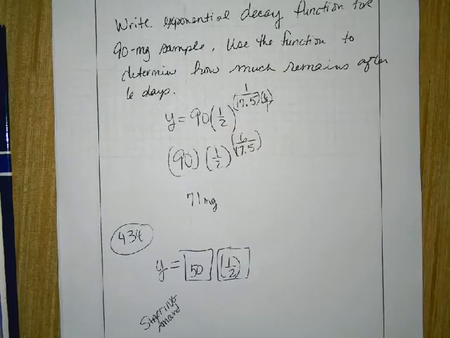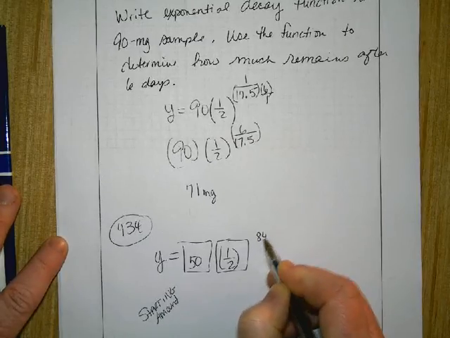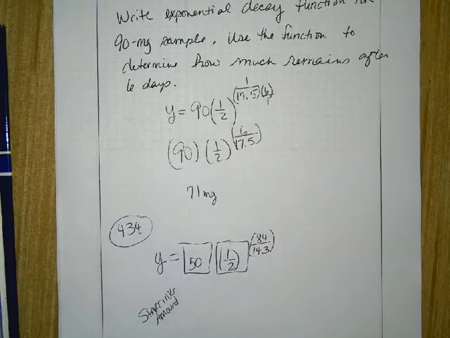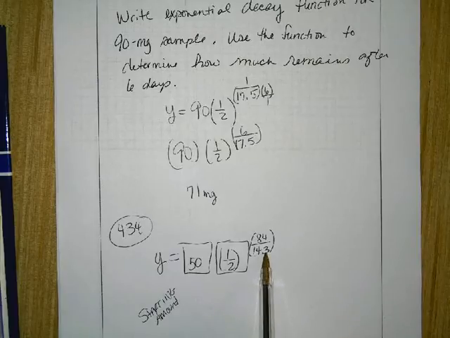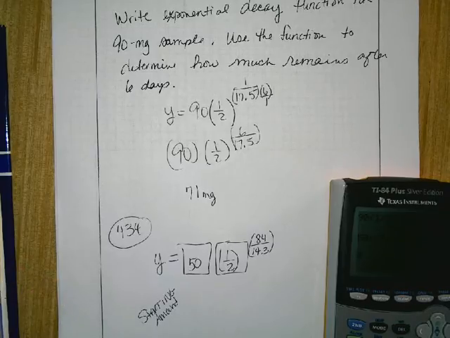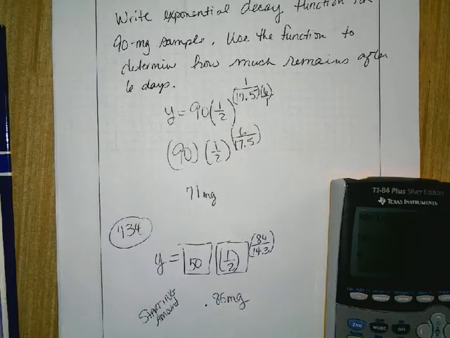Probably several times, right? So you've got 84 over 14.3 for your exponent. So you've got the number of days we've been in this process over the number of days it takes to become a half-life. So enter that. And how many milligrams are left? 0.85.